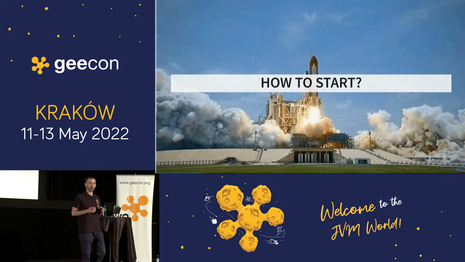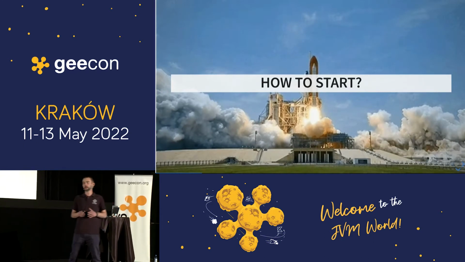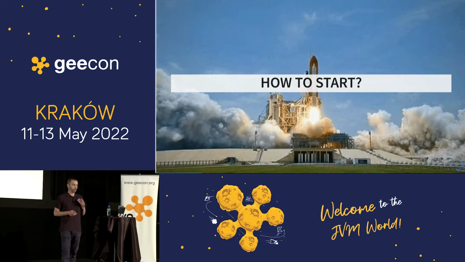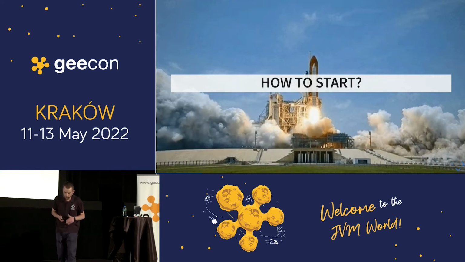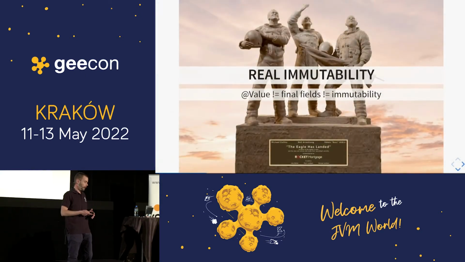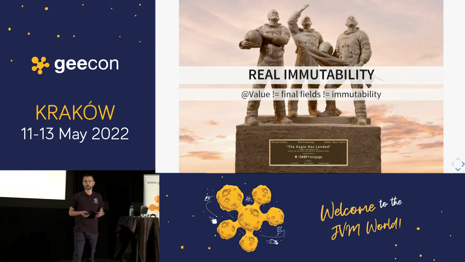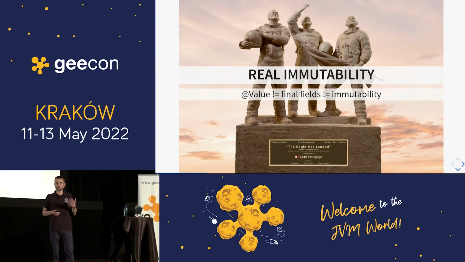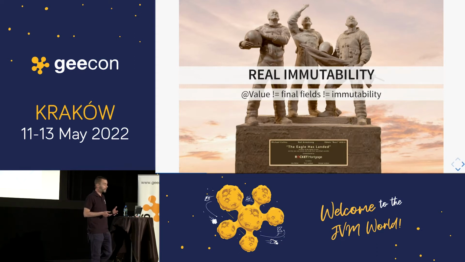Okay, let's forget for a while about mutability and dive deep into immutability. Probably you know how to start coding an immutable class. Of course, you have to provide constructors.